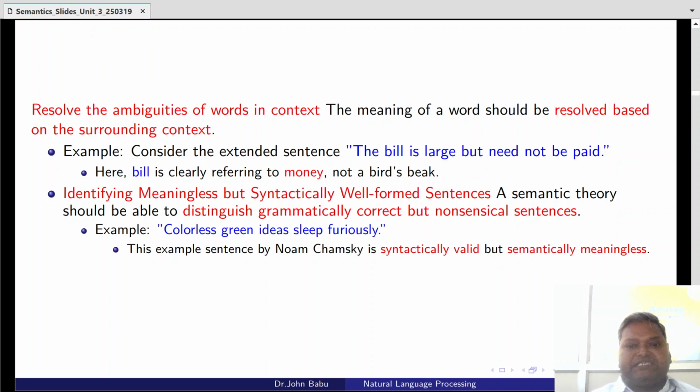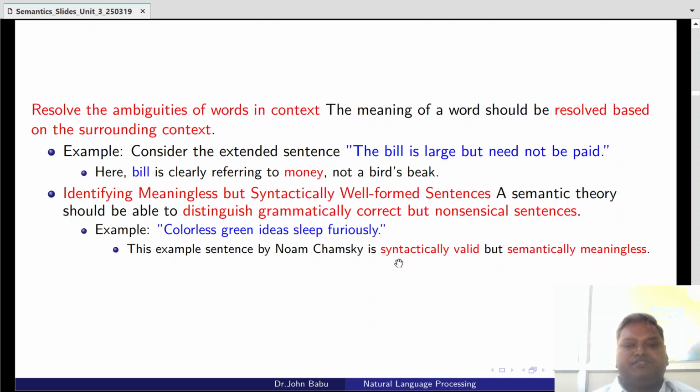Number three, sometimes some sentences will be grammatically, syntactically very well formed and correct. But when we talk about meaning, there will be absolutely no meaning for the sentence. For example, Noam Chomsky coined this sentence, which is syntactically correct: Colorless green ideas sleep furiously. Here, this sentence has a subject, a verb, an adjective, a noun, and grammatically it is absolutely correct.